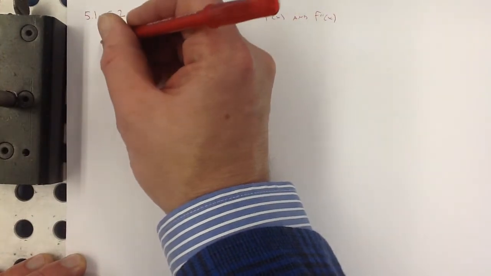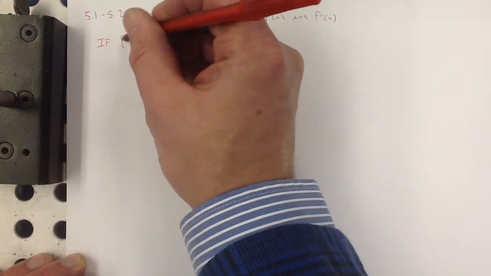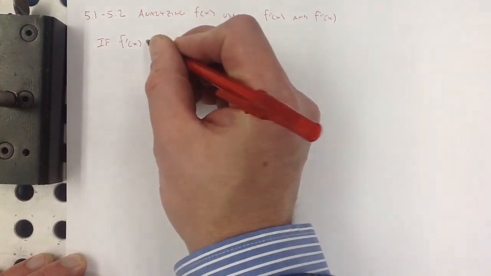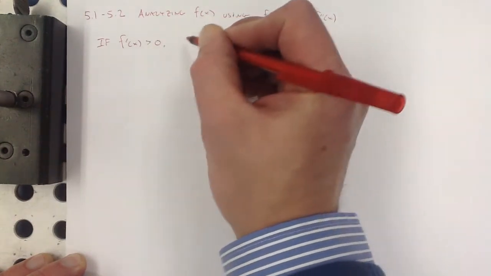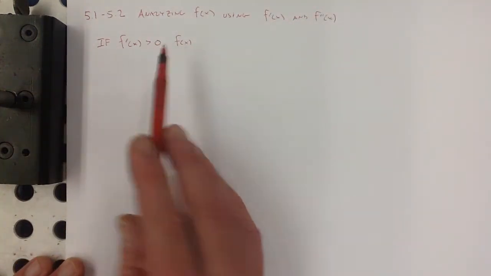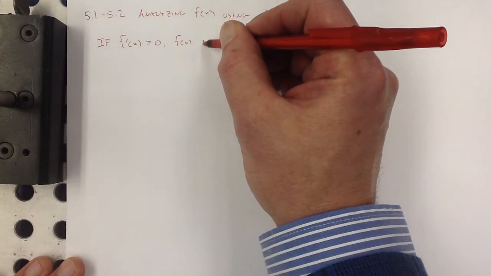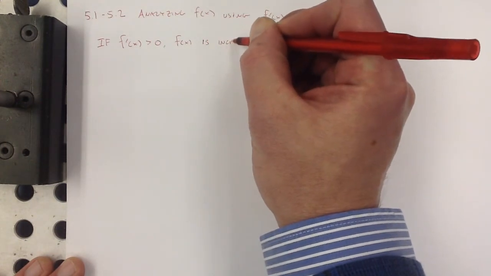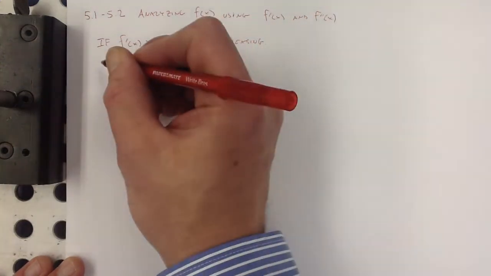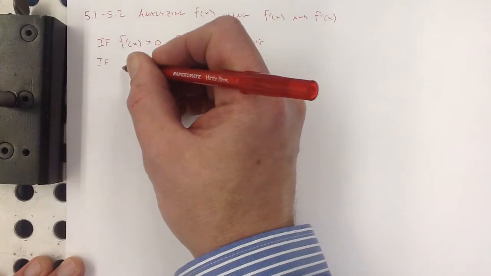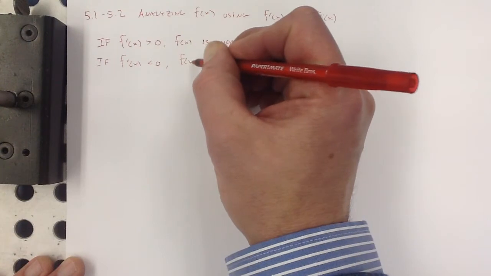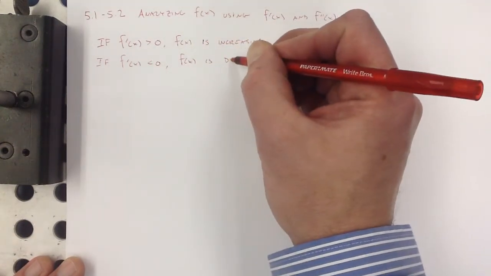So, if the first derivative of a function is greater than 0, then we can say that f of x, if you think about that for a second, if the slope is greater than 0, then that means the function is increasing. Likewise, if f prime of x is less than 0, that means the function is decreasing.